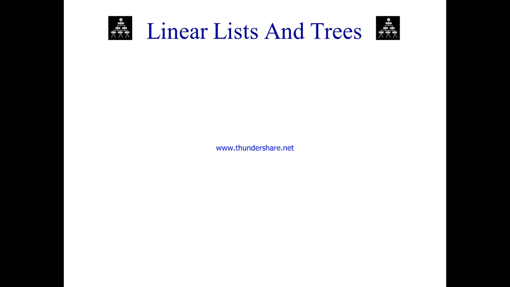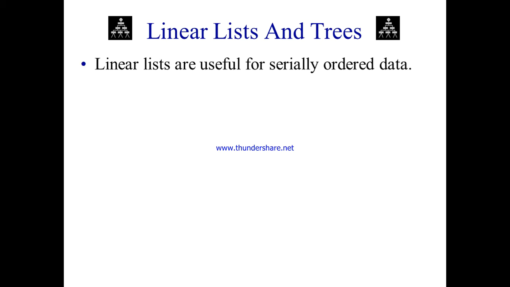Then coming to the difference, you might have already gone through the linear list. What is the difference between a linear list and a tree? In a linear list, the elements we want to represent are serially ordered, for example E0, E1, E2 and so on up to En minus 1.